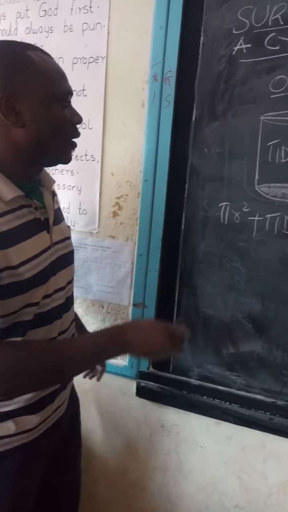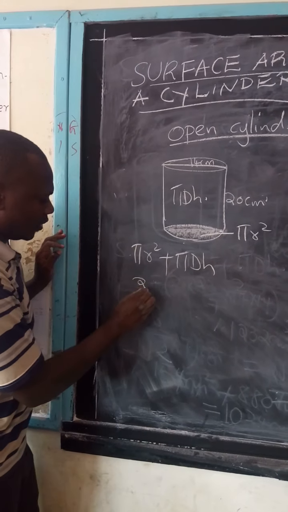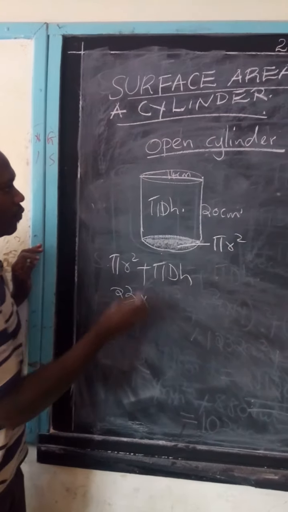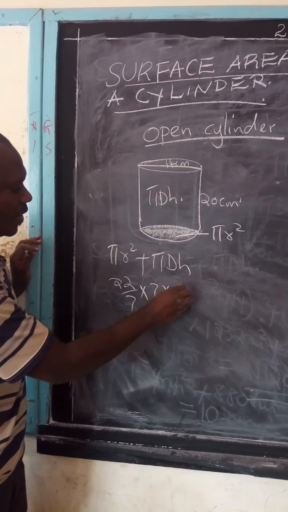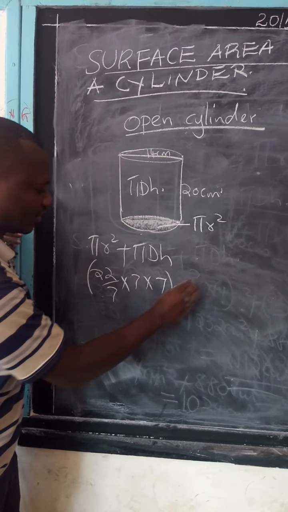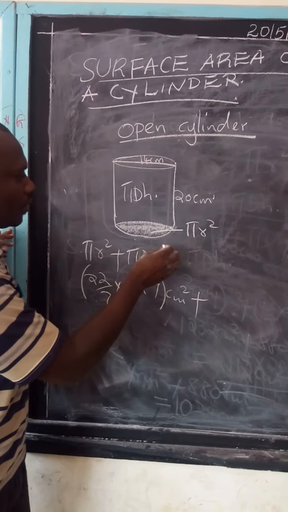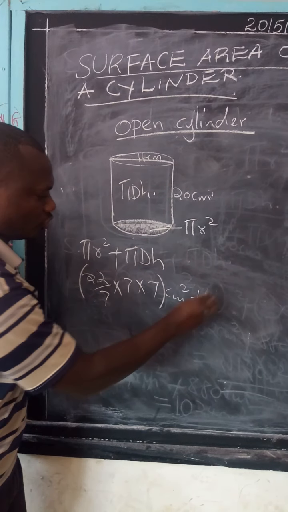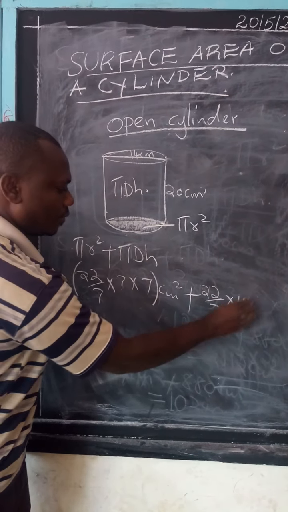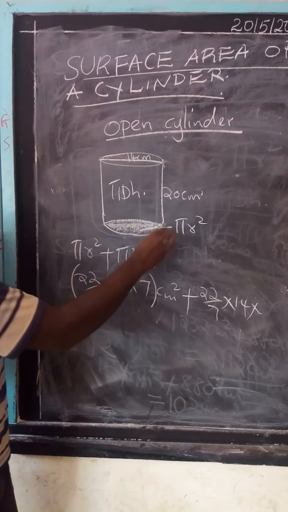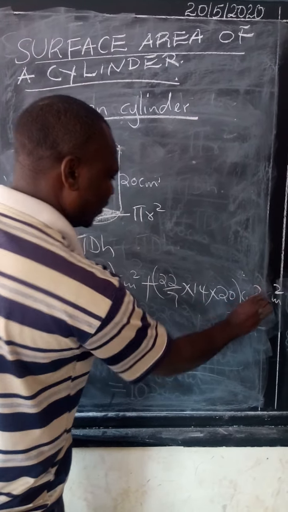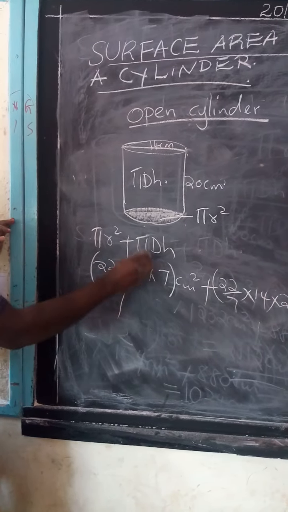So let us now work it out. 22 over 7 by radius 7, by another radius 7 square centimeters, plus pi dh, 22 over 7 times diameter, which is 14, by height, which is 20, also square centimeters. That is 1, that's 1.